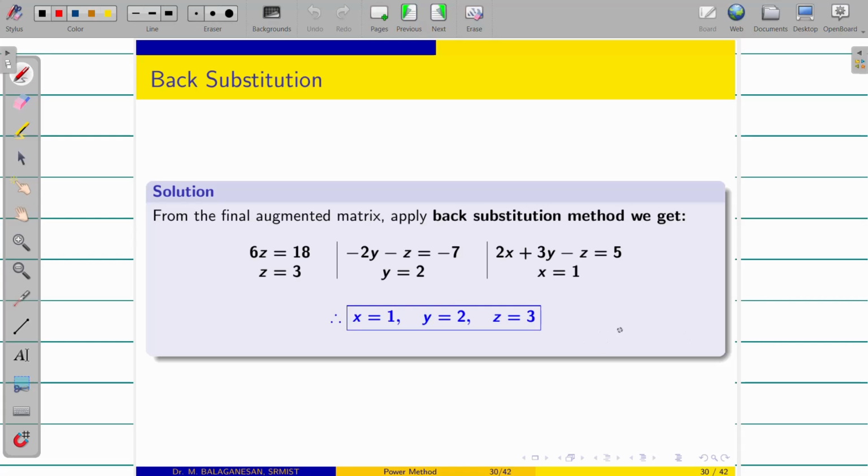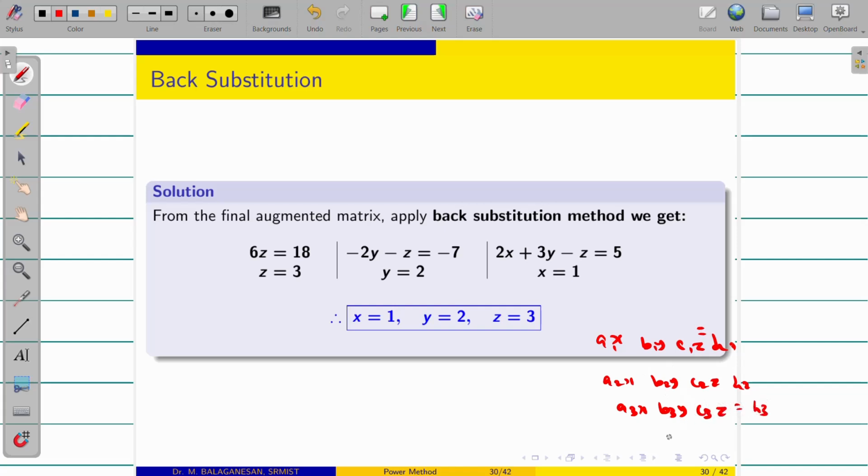The coefficients will be A1x, B1y, C1z equal to D1. Similarly, A2x, B2y, C2z equal to D2, and A3x, B3y, C3z equal to D3. You have to give it like that.